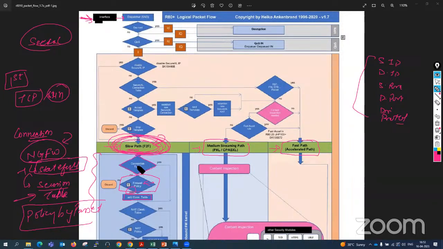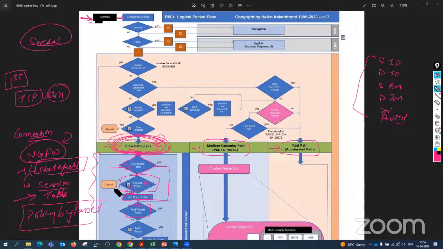The next time traffic comes to the slow path, if the connection table entry is available, your whole policy lookup will be bypassed, and directly the destination NAT will be checked. Are you getting my point? If the entry is there in the session table, your policy lookup will be bypassed. Understood how the next generation firewall and session table work?